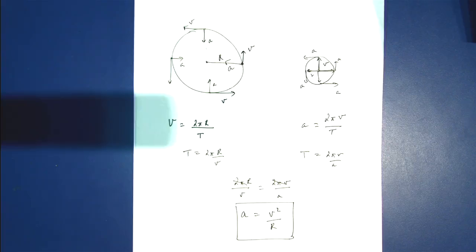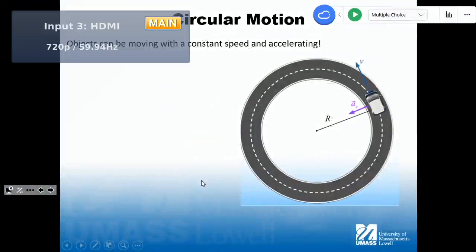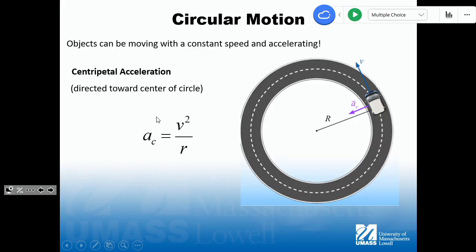This makes sense? And look at how it depends. So now we can go back to the slides. So it's directed towards the center, and look at how it depends on v and r.